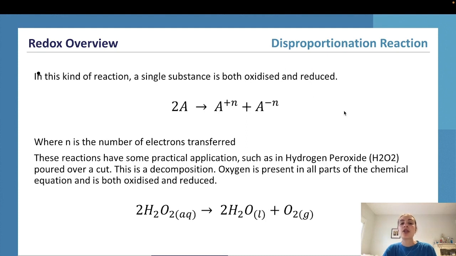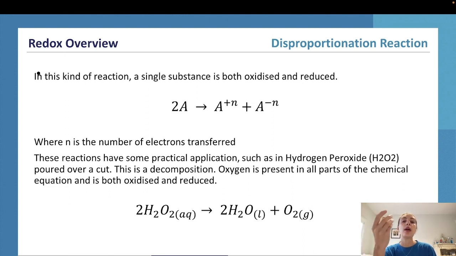Our final reaction that we're going to look at is called a disproportionation reaction. In these types of reactions, you've got a single substance that is being both oxidized and reduced at the same time. This is going to be like this example here where we've got 2A makes A plus n and A minus n.